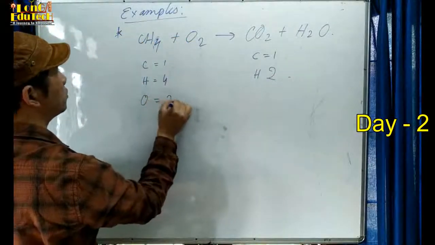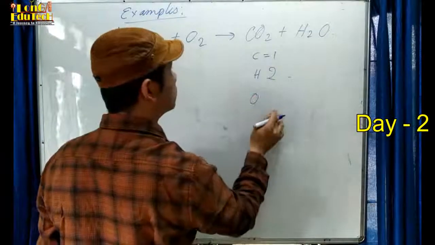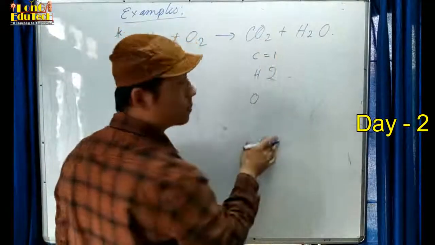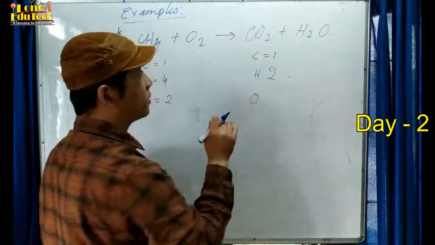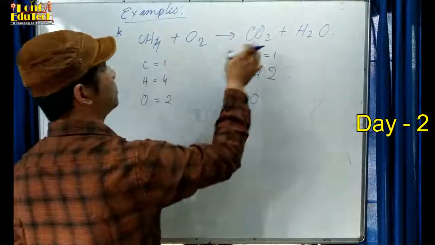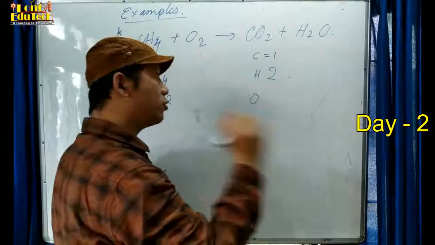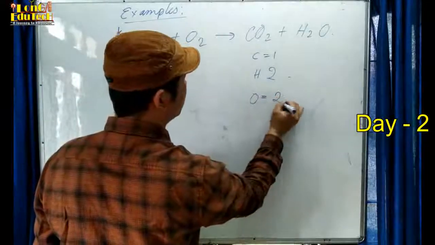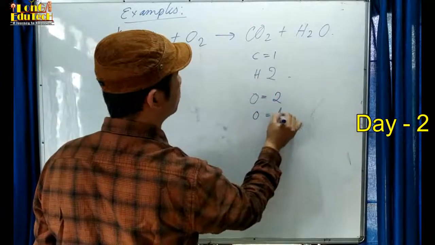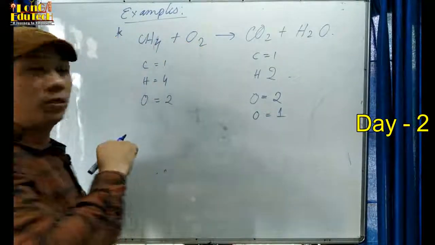Oxygen 2. And never try to write oxygen together, because if oxygen is present in different compounds on the product side or the reactant side, you have to write it separately. Oxygen is 2, another oxygen is 1, right? This is a must.